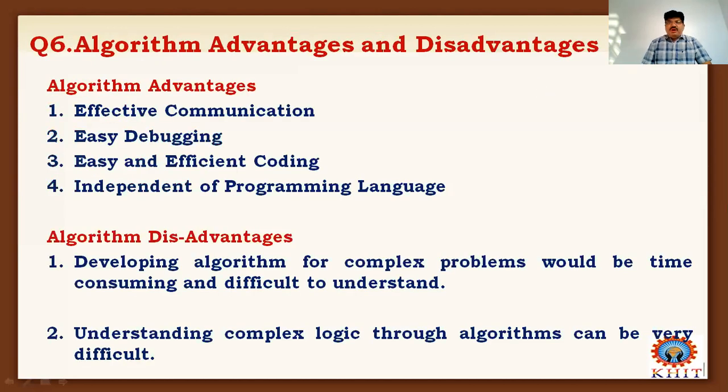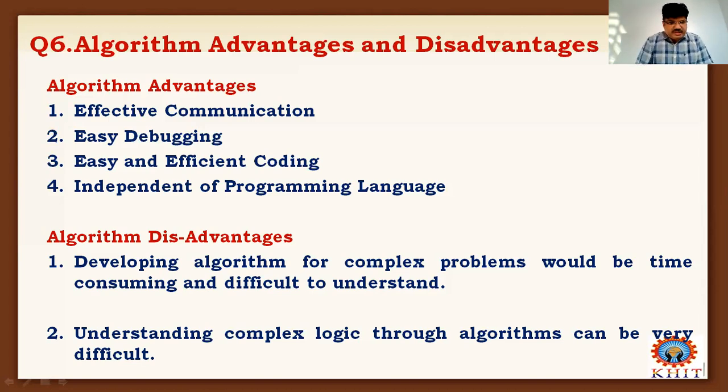Next question is, what are the advantages and disadvantages of an algorithm? The advantages of an algorithm are that communication among the programs will be very effective, and debugging is easy. We can debug the program very easily through the algorithm. Debugging is the process of finding and identifying the errors and providing the solution for those errors.